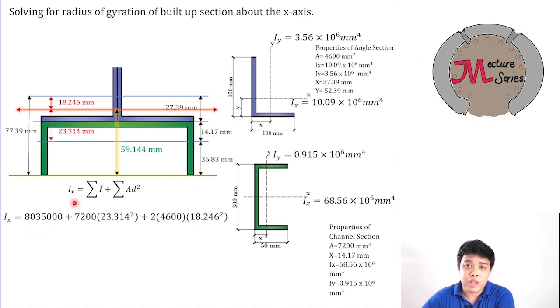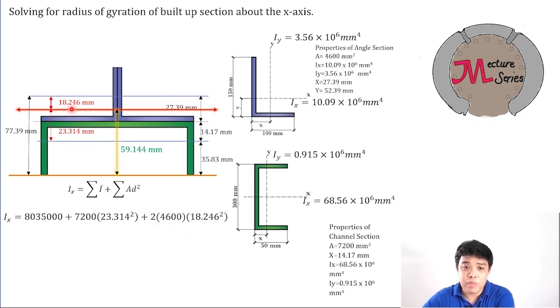To get now the centroidal moment of inertia about x, you sum the centroidal moments of inertia we calculated before plus the summation of Ad squared. This term is for the channel bar. The area of the channel bar is 7,200 times d squared, which is 23.314 squared, plus 2 times 4,600.